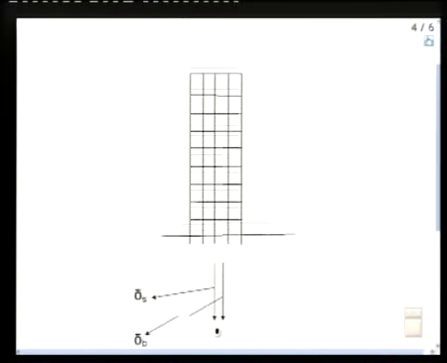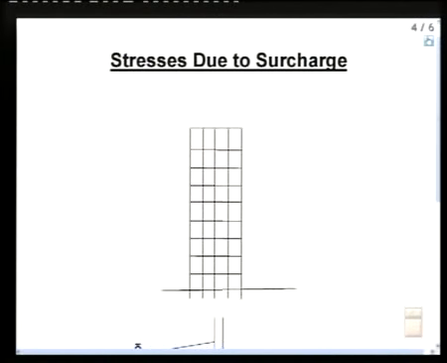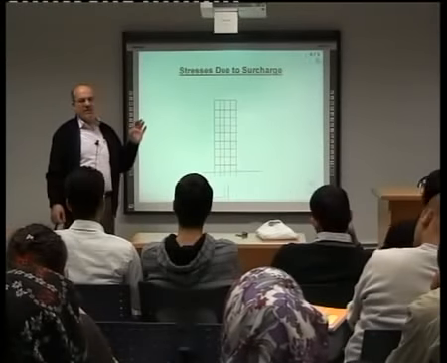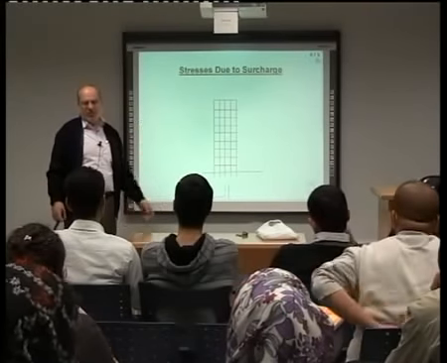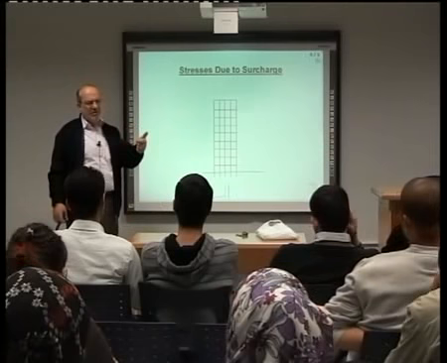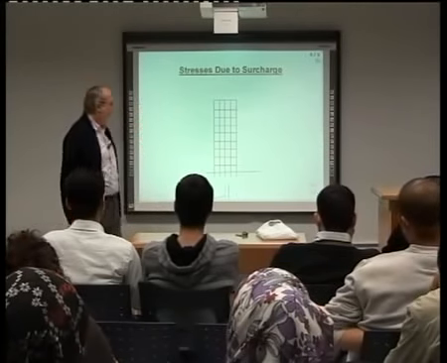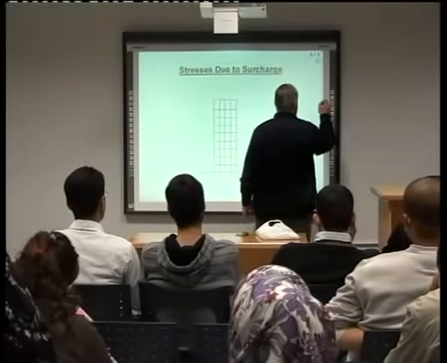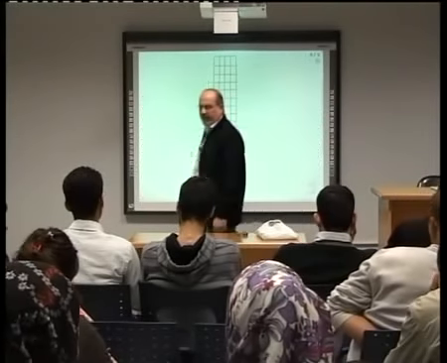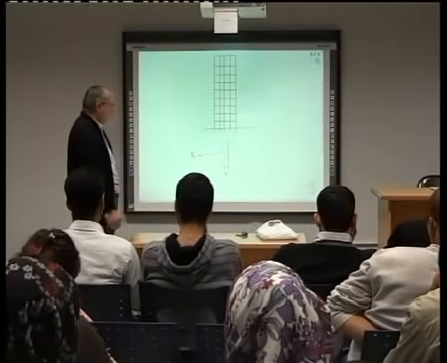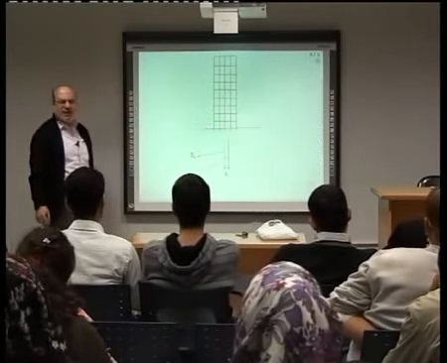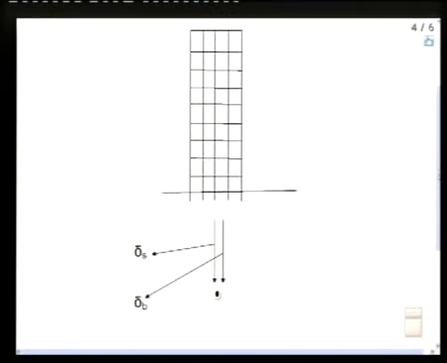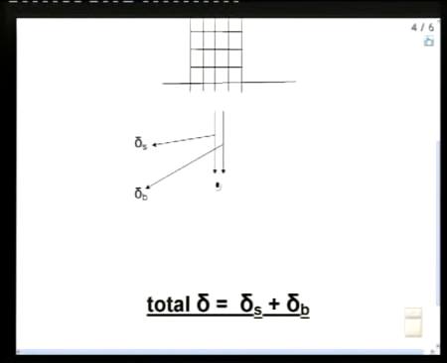Guys, our new topic is titled stresses due to surcharge. Surcharge means load, any load above buildings, structures, whatever. Now, what we studied until now is, for example, we have this building, this tower, beautiful tower, and we need to find the stresses at point A. This is point A. At point A, we actually have two stresses.